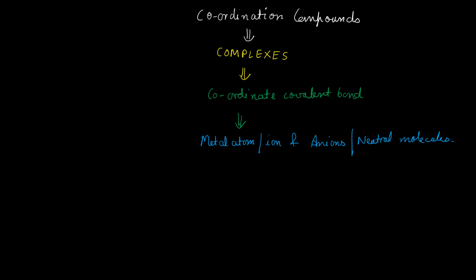Now, these complex compounds are mainly formed by transition metals. So, transition metals will make these compounds. In the previous chapter, we have already studied why transition metals only form complexes. The first important property present in transition metals is that they are small in size.